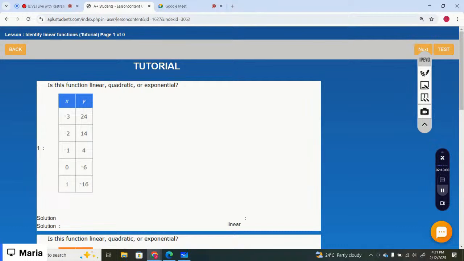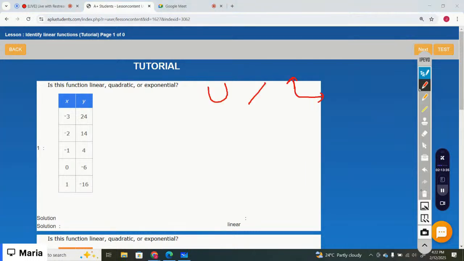So how do we know if the table of values given is linear, quadratic, or exponential? Let's see how we check if they are linear.